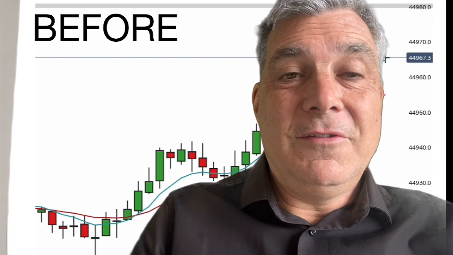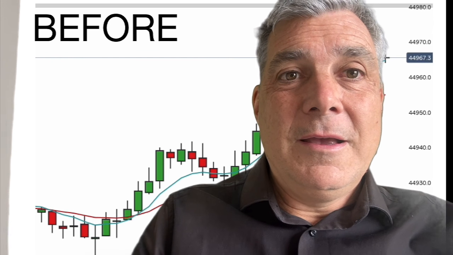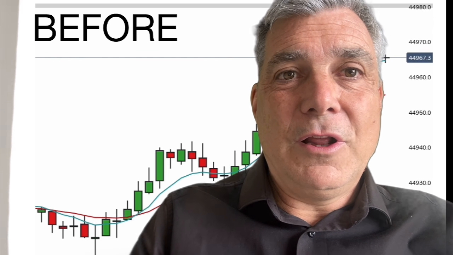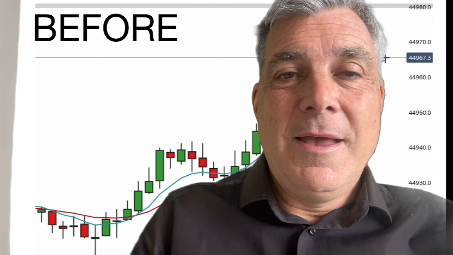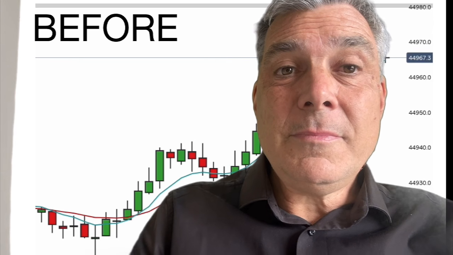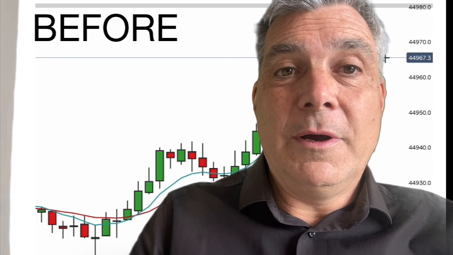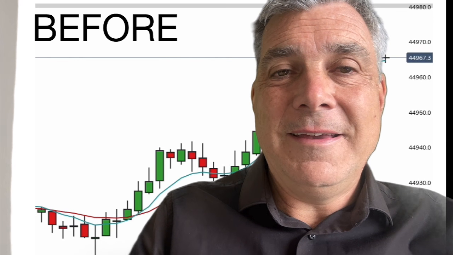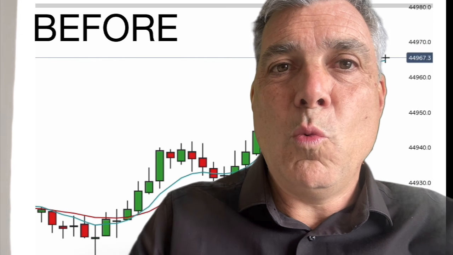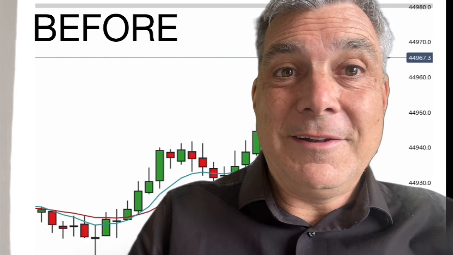I'm looking to take a trade. I look for the candlestick that's about to close very close to the 8 EMA, and I use the EMA as context. I look for a small wick on the following candlestick.